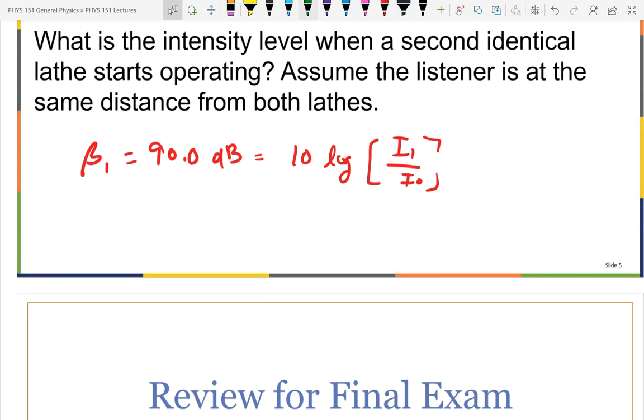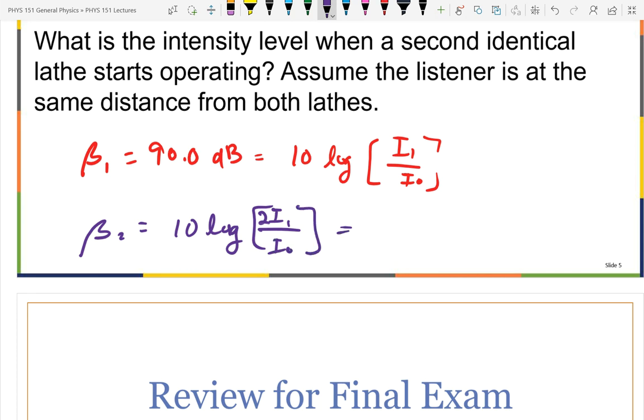So the intensity for two of them, because they're not in phase with each other, that is, they have no phase relationship, so they're incoherent, the intensity is just doubled, and using the same rule that I just used previously, that's equal to 10 log of 2 plus 10 log of intensity 1 over intensity 0.